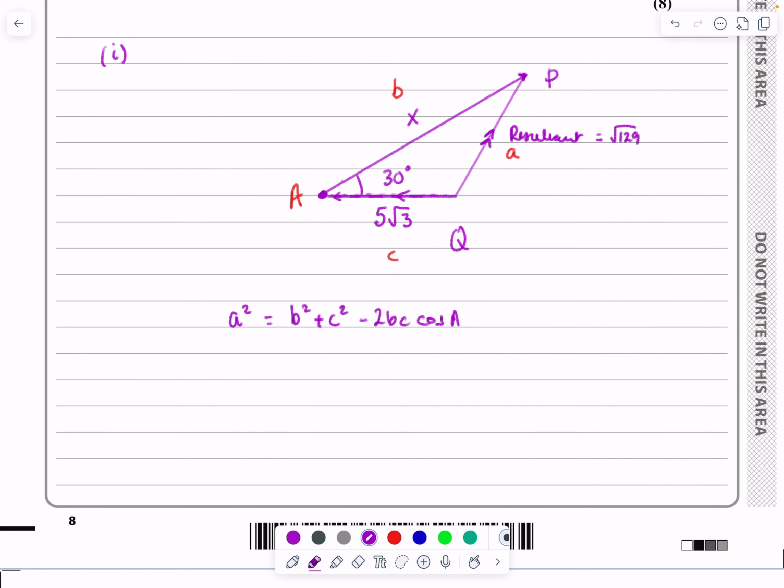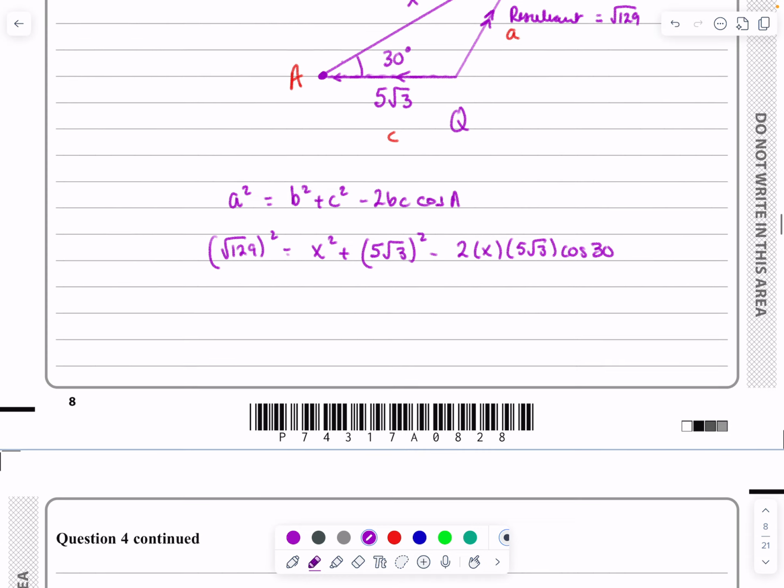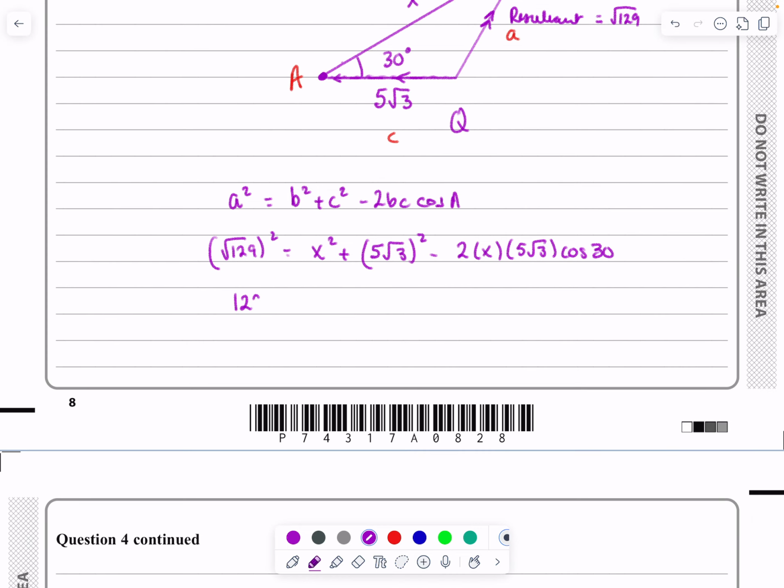and if I substitute everything in there, the only thing I don't know is X. So a squared, root 129 squared, is equal to X squared plus 5√3 squared minus 2, lots of X, lots of 5√3 cos 30. You might be panicking thinking, oh, this doesn't look very nice. Let's just keep going with it though, let's be resilient.